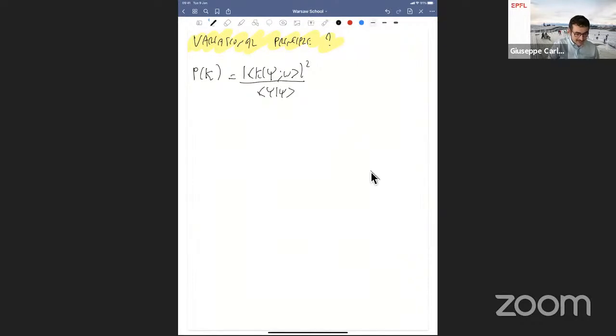So this is the probability of observing a certain quantum number K on the variational ansatz.